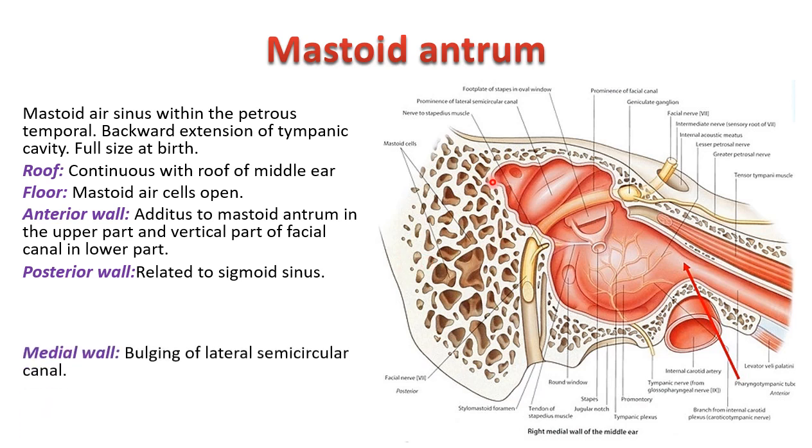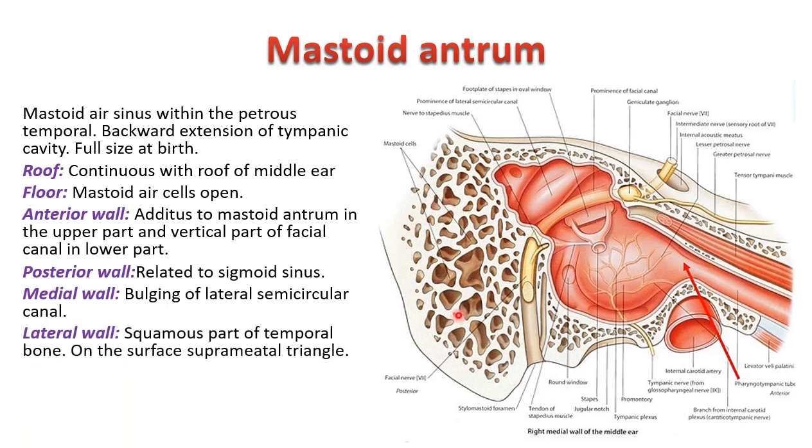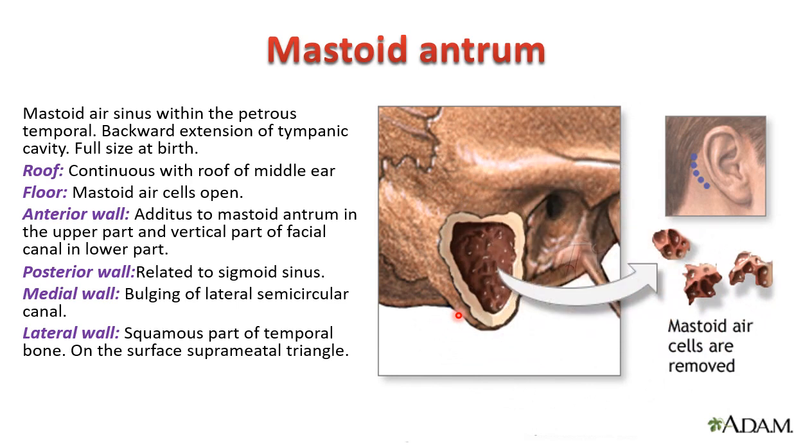So these air cells might also go and invade the sigmoid sinus posteriorly. Anteriorly, you see the aditus to the mastoid antrum. On the medial wall, you see the bulging of the lateral semicircular canal. The lateral wall is mainly formed by the squamous part of the temporal bone, and on the surface projection you see the suprameatal triangle.